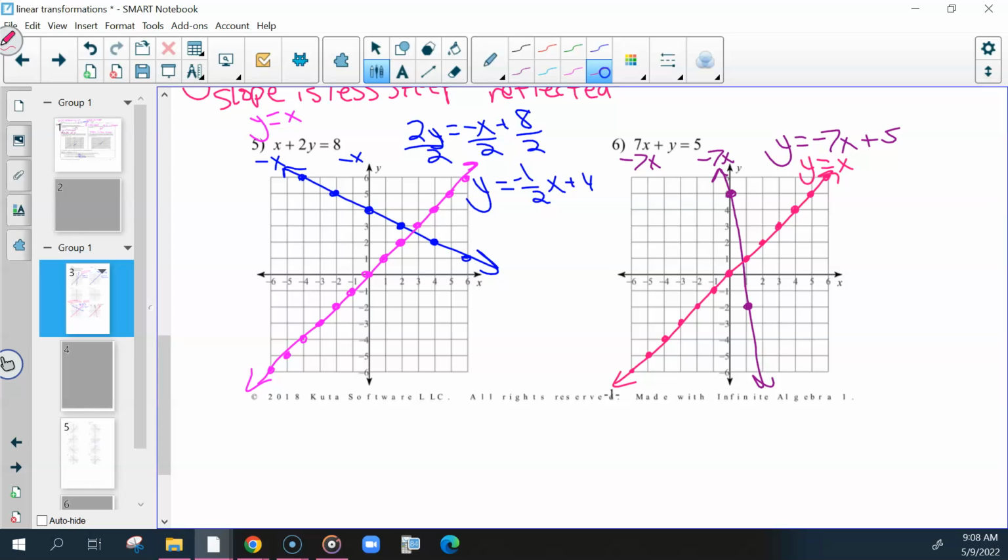If we are comparing what all happened to this new equation. The slope became negative. Okay, so how would we write that? The line reflected. What else?